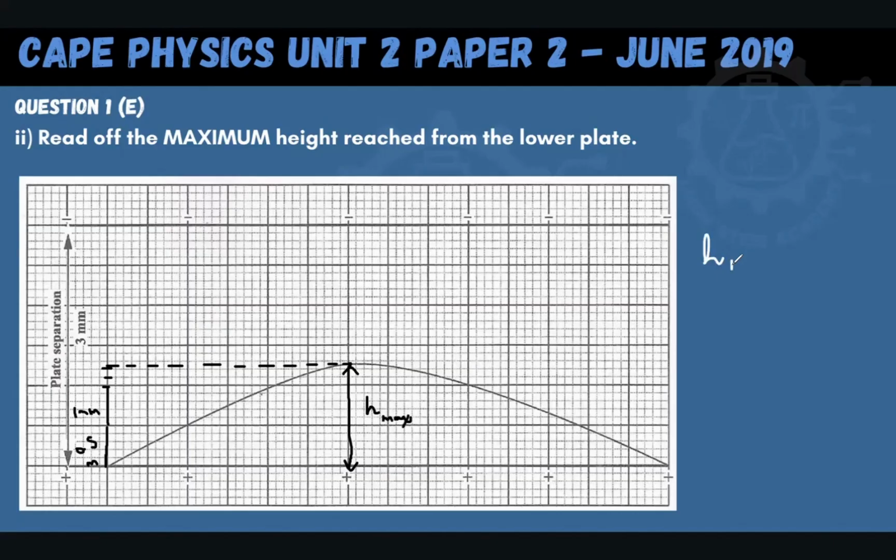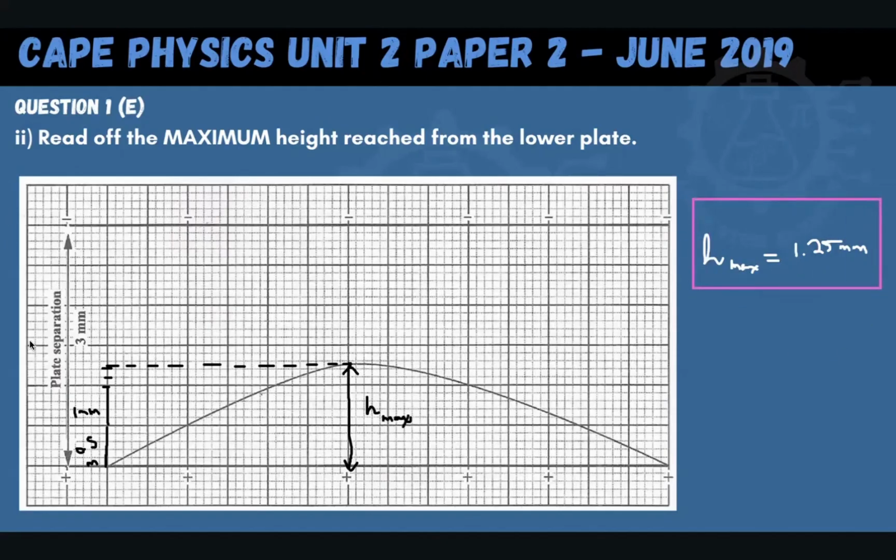So H max, the maximum height that the electron is going to reach from the lower plate when it gets shot off at this angle, is going to be 1.25 millimeters. Okay, so that's our answer there. We're locking in 1.25 millimeters. And then we're ready to move on. So that's our H max.